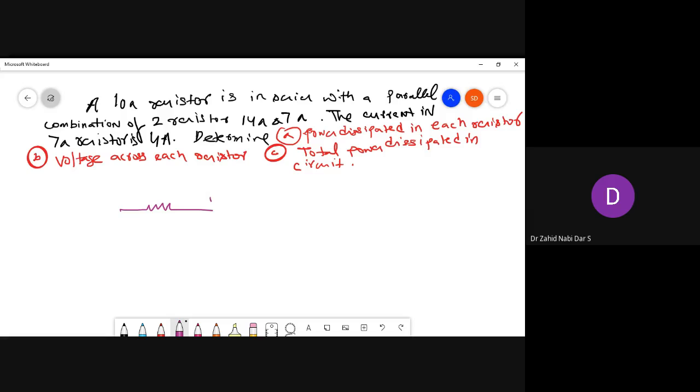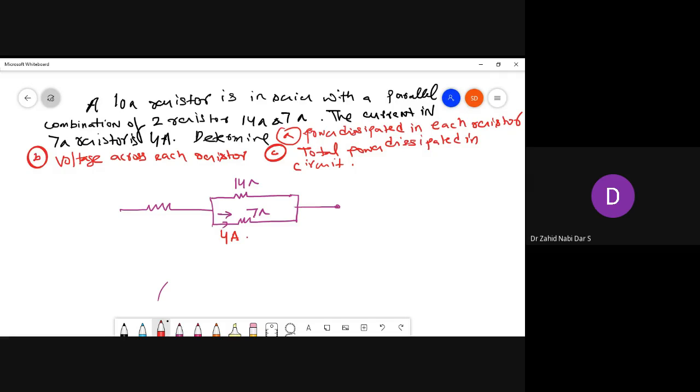One happens to be 14 ohm and the other 7 ohm, like this. This is the circuit. The current in the 7 ohm resistor is 4 amps, so the current over here is 4 amps.